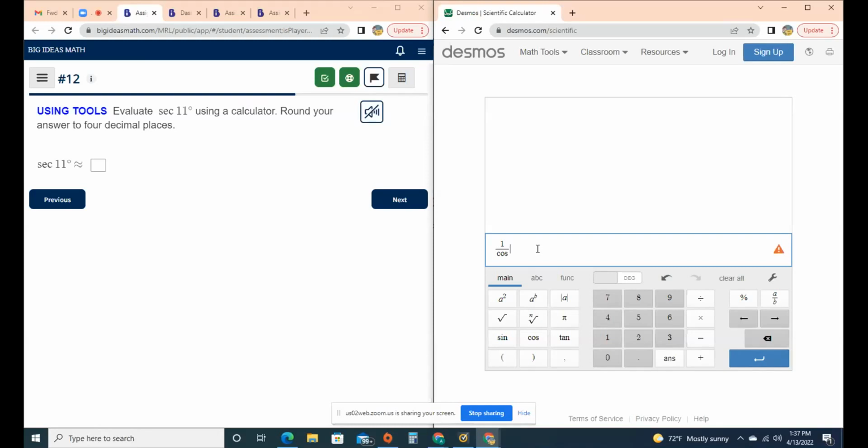Times 11. Cosine requires you to put something in parentheses next to it. Oh, okay. Not there though. That is times 11. So you have to go back to the denominator and put cosine parentheses. Like that, yes. Okay, and then 4 decimal places this time.